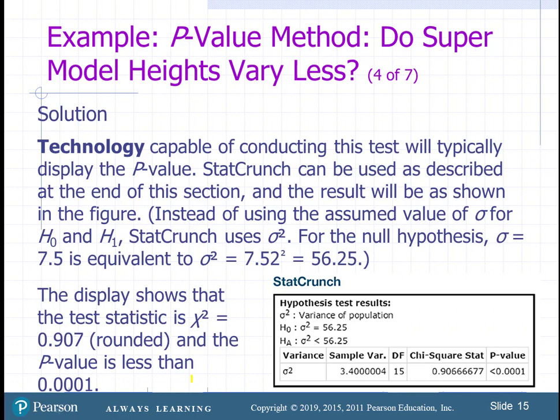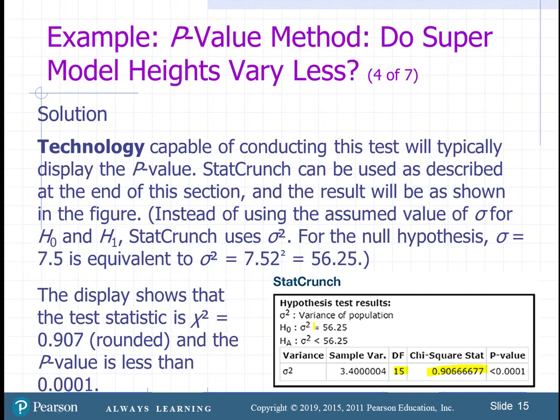Then we go to StatCrunch and we look at the data. As you can see, it calculates our chi-squared statistic for us right there. There are 16 in our sample, so our degrees of freedom is 15. Our sample variance was 3.4.